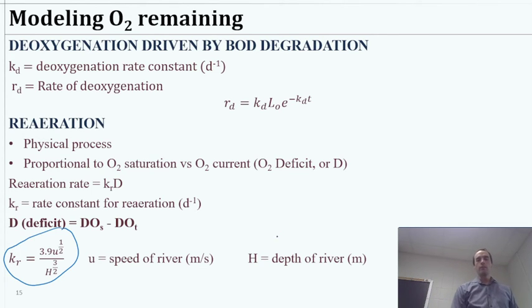And the depth is also going to matter. Even though the Mississippi moves pretty quickly, it's also quite deep, so we can imagine a lot of that water is not getting contact with the surface, with the atmosphere. So there's going to be some limitations to the reaeration at a given point in the Mississippi.